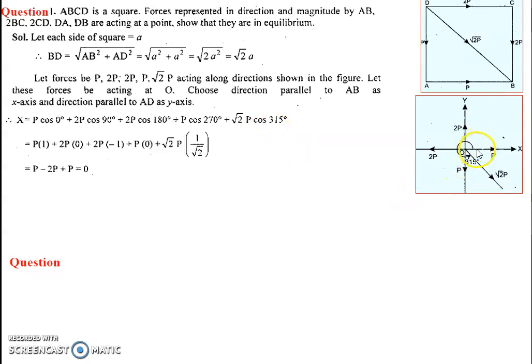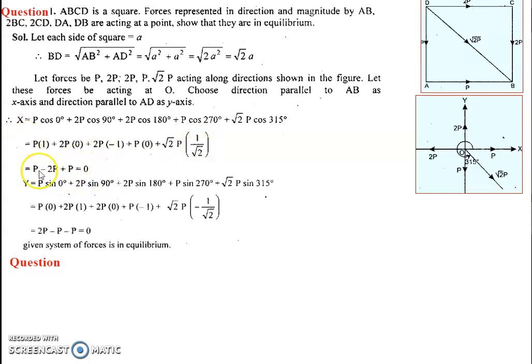Once again I repeat, we take the angle with the x-axis OX. The first angle is 0, the second is 90, the third is 180, the fourth is 270, and the fifth is 315. So cos 0 is 1, cos 90 is 0, cos 180 is minus 1, cos 270 is 0, and cos 315 is 1 by root 2. So P minus 2P plus P is equal to 0. X is equal to 0.